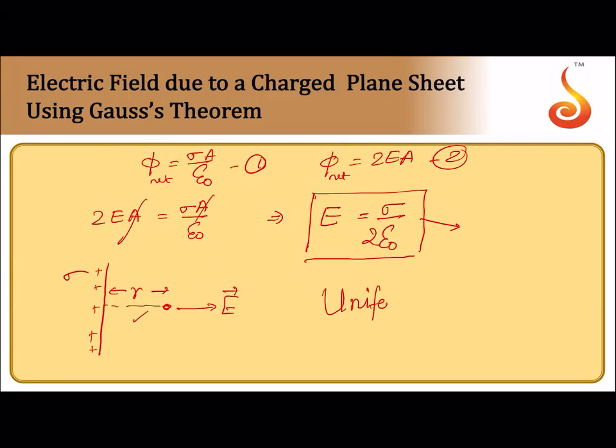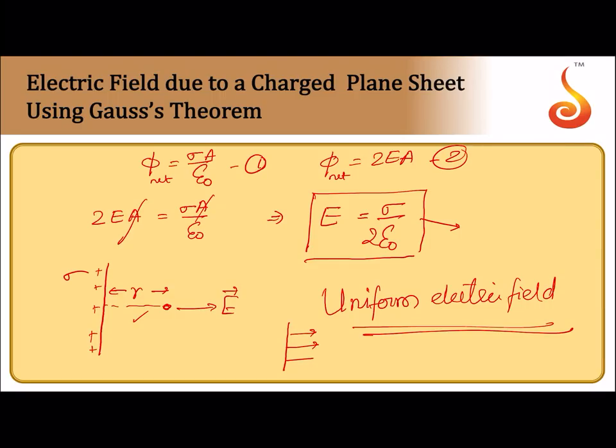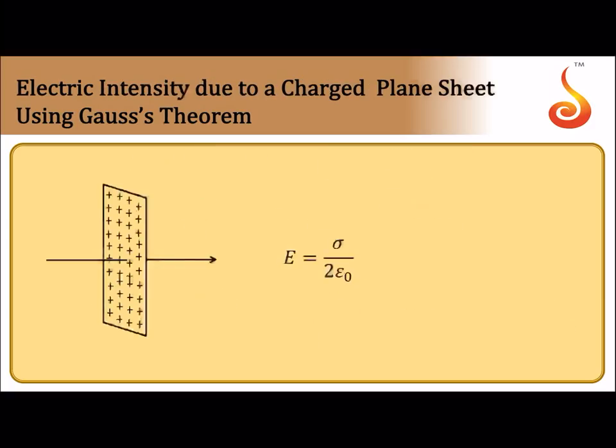It produces a uniform electric field, and this is what was discussed when we did uniform electric field, non-uniform electric field, etc. Do you recall that there was a diagram of this kind showing the uniform electric field? Yes. This is the electric field due to a large sheet of charge.